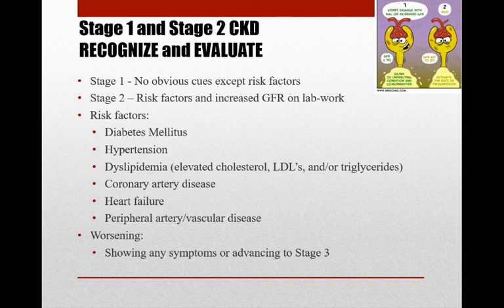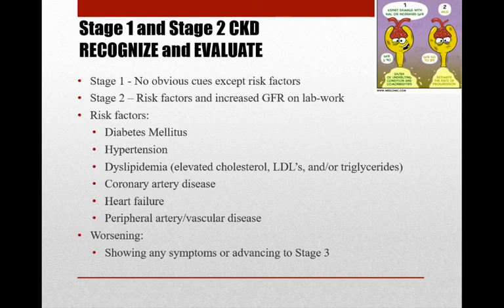The risk factors are having long-standing diabetes, hypertension, dyslipidemia, coronary artery disease, heart failure, peripheral artery or vascular disease. Of course, the more risk factors you have, the much higher risk you have of progressing through the stages. So really, stage 1 and 2, just recognize your risk factors and mitigate risk factors. Very similar to any hypertension risk factors, diabetes risk factors. Managing your disease can prevent you from progressing to stage 3.